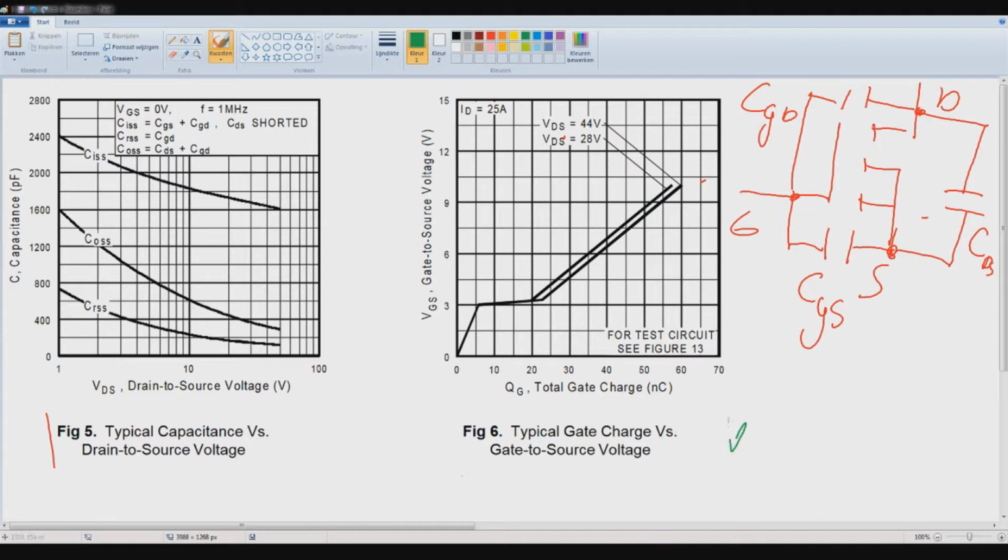And then for the current we require, let's say we want a rise time of 20 nanoseconds, we need a current of 2.5 amps, which is quite a lot. That's about it.